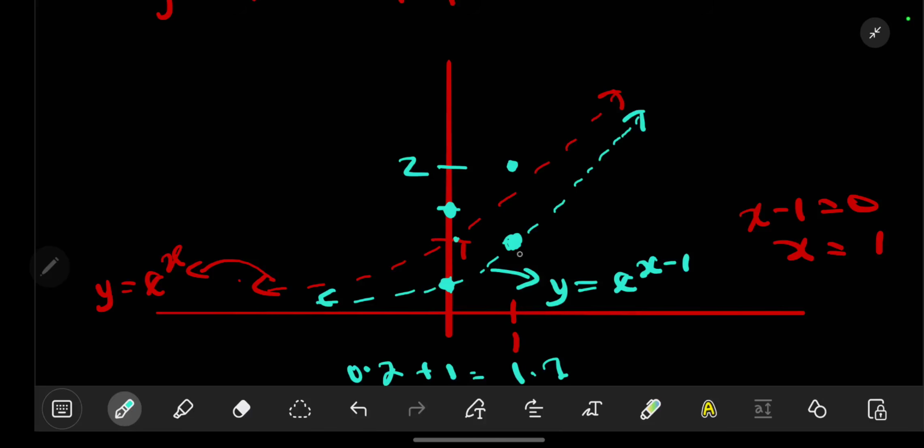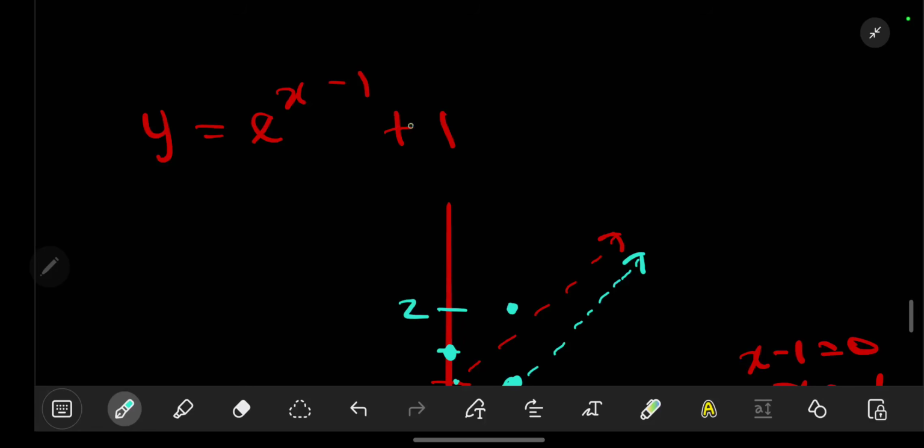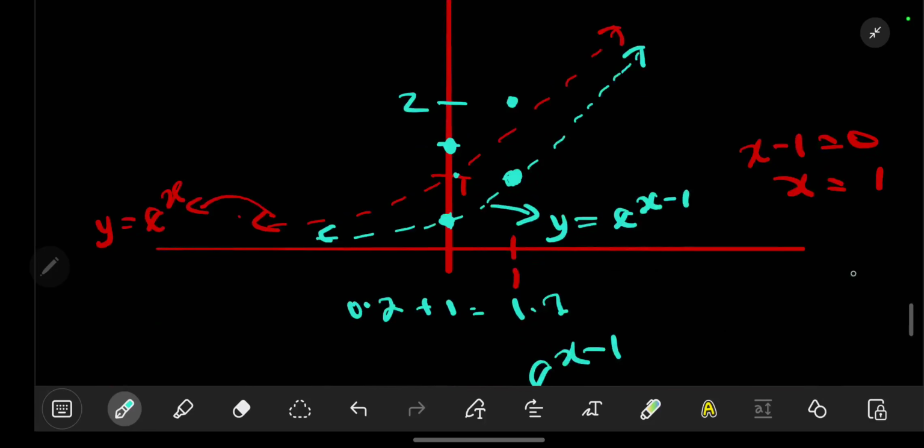Then all we have to do is graph the equation. Just be careful, don't forget plus 1 means this equation shall not be able to cross this line.